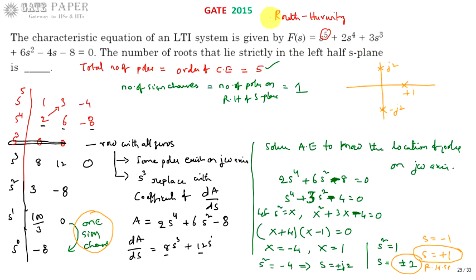So effectively there will be two poles on the left hand side, P1 and P2. So two poles will be present on the left half of the S plane. So the answer for this question is 2.